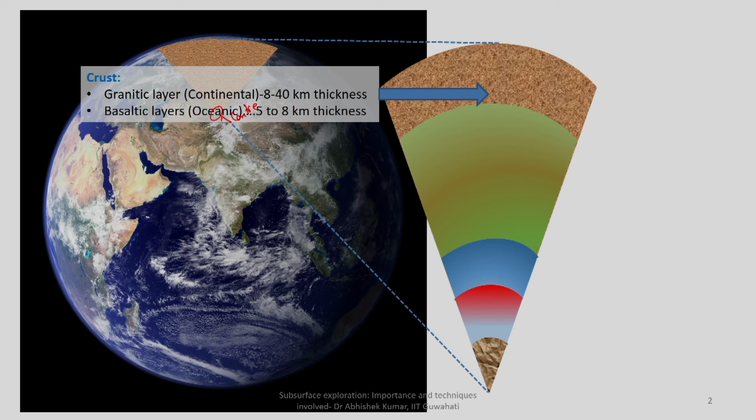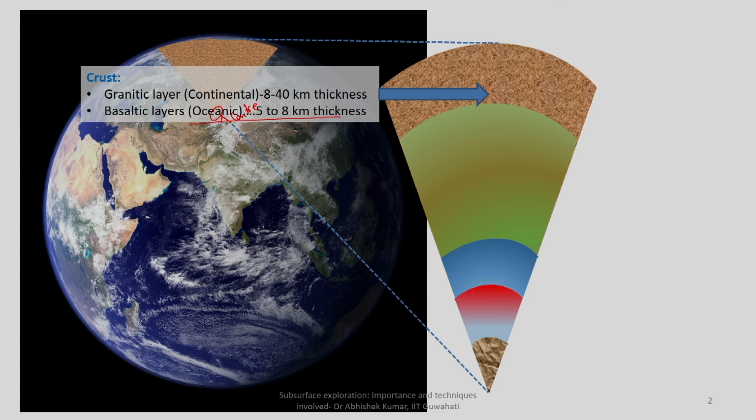Then over the crust you have these soil deposits, which are again part of the crust. The oceanic crust, if you start from the ground surface, is available in a thickness of 5 to 8 kilometers and is mostly basaltic in nature.